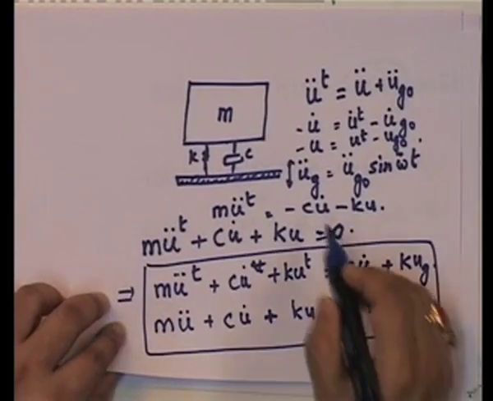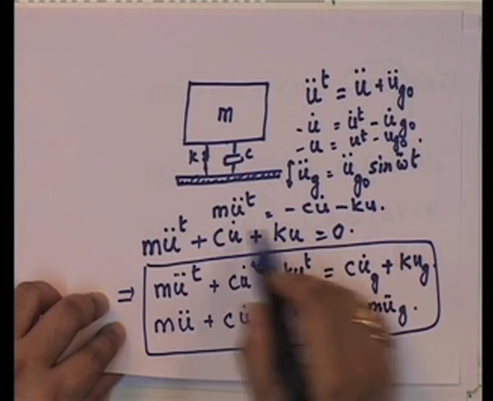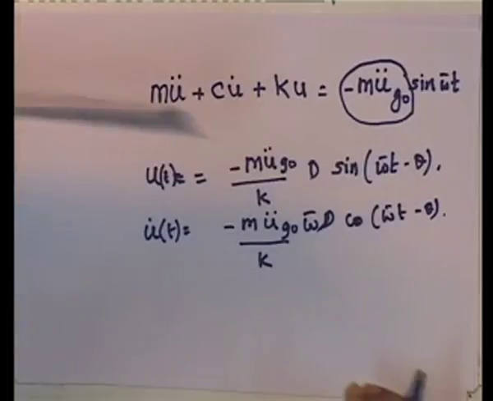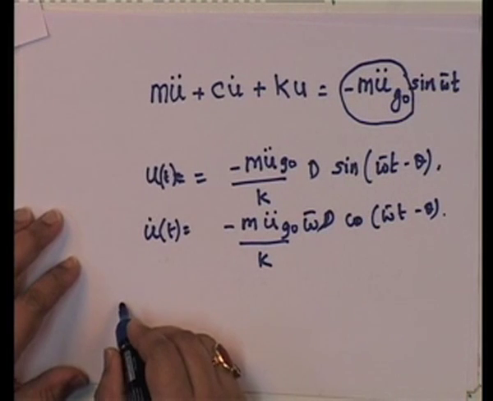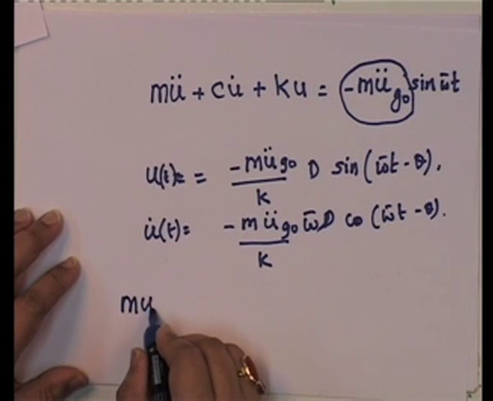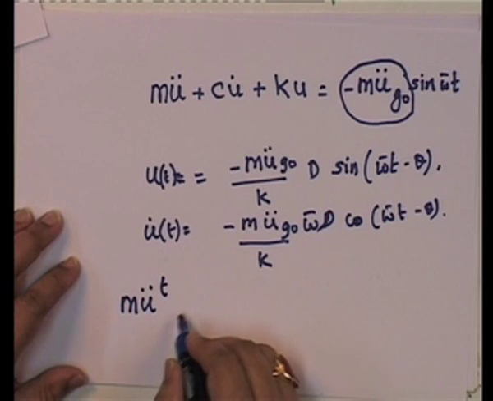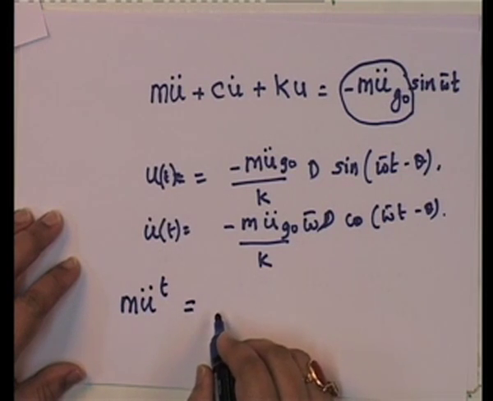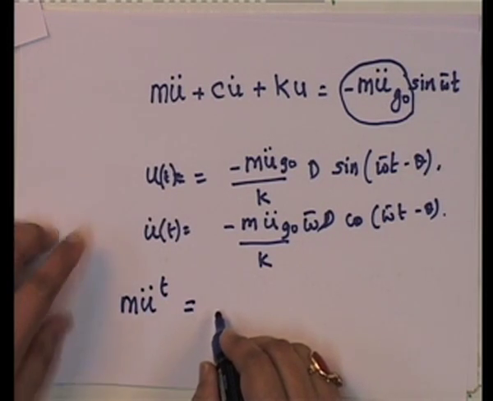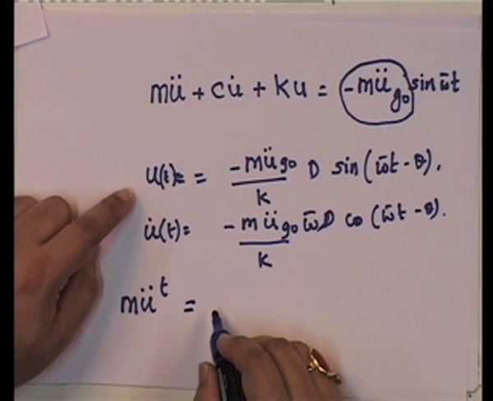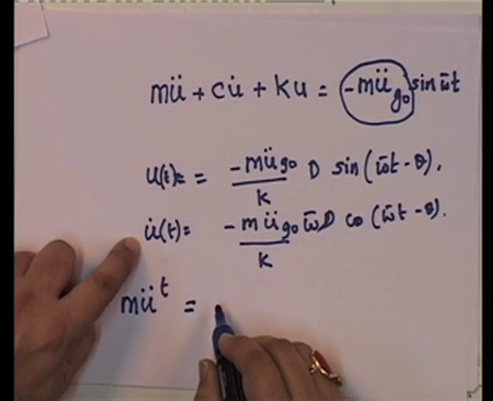So, now let us look at this. In other words, we have got u dot and u, and all we have to find out is this. So, therefore, m u double dot becomes equal to minus c u dot. Okay. So, this is minus this.